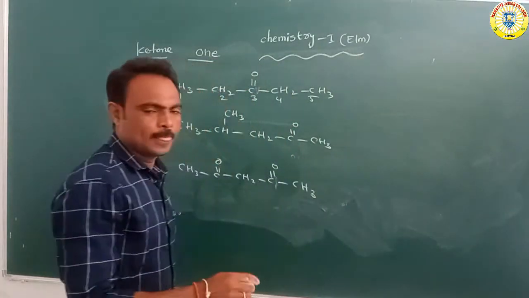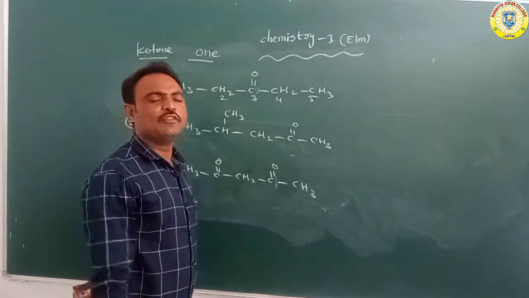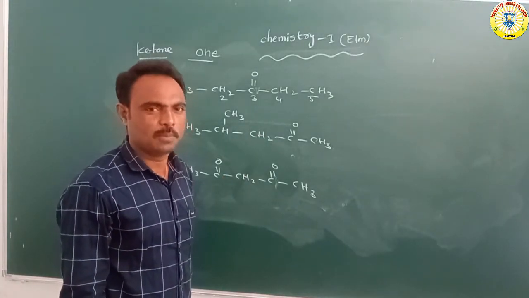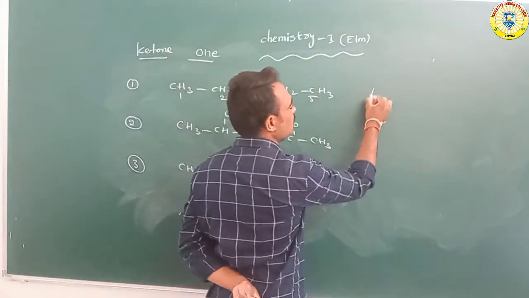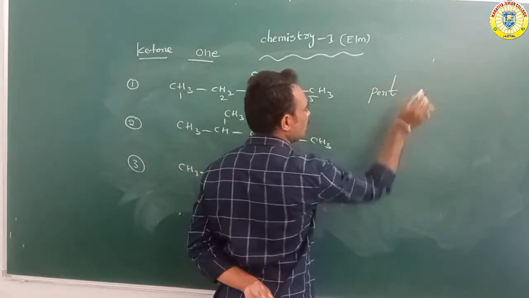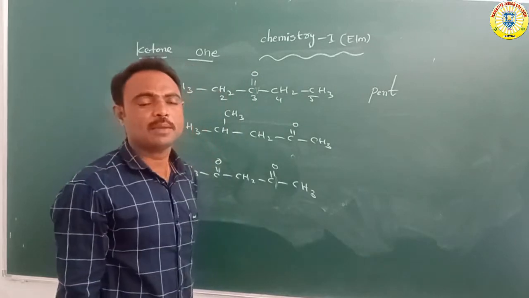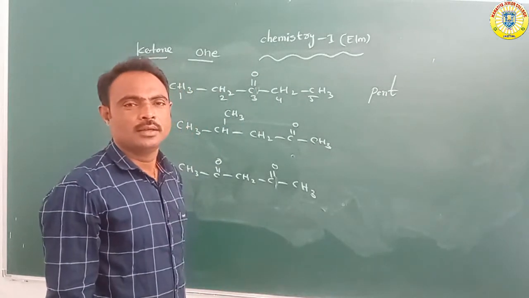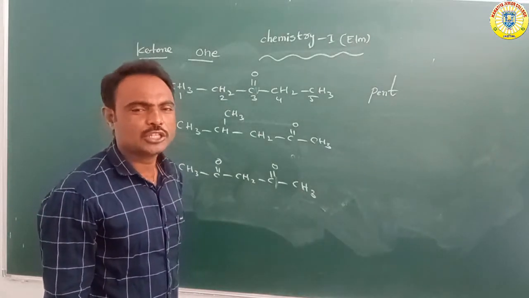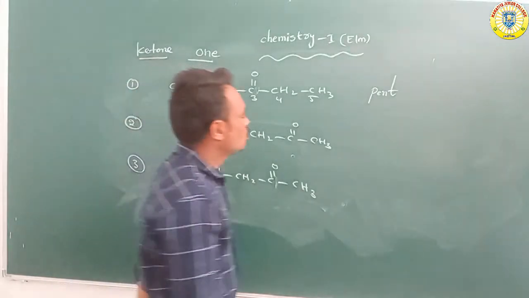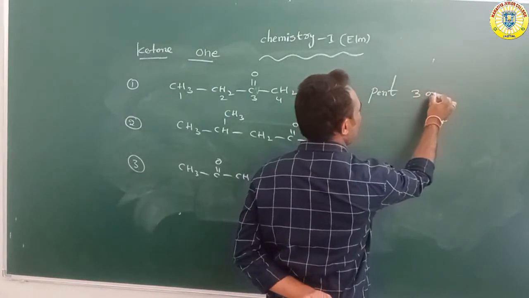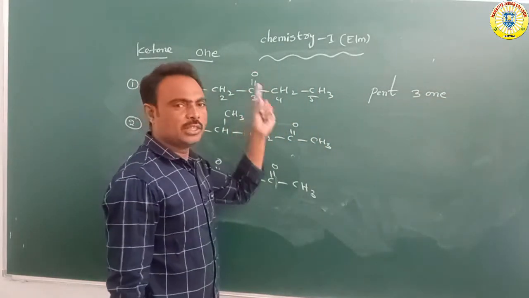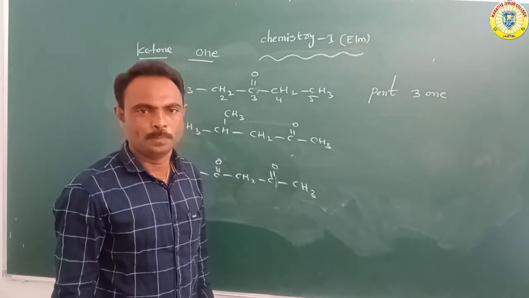So overall, first we write how many carbons: 5 carbons, which means pent. Next, the third carbon is attached with the functional group, so we write 3-one. The third carbon is attached with the ketone functional group.